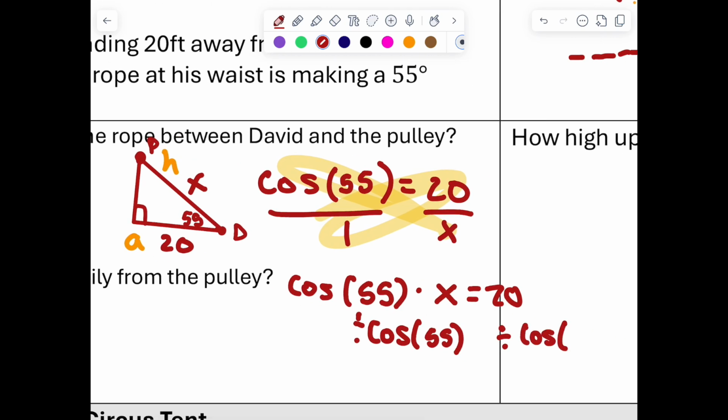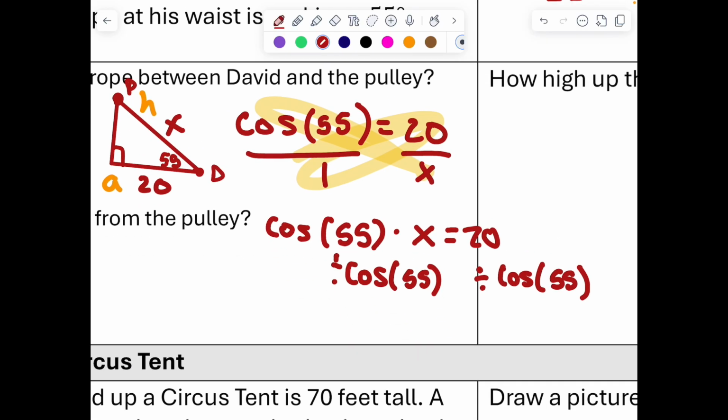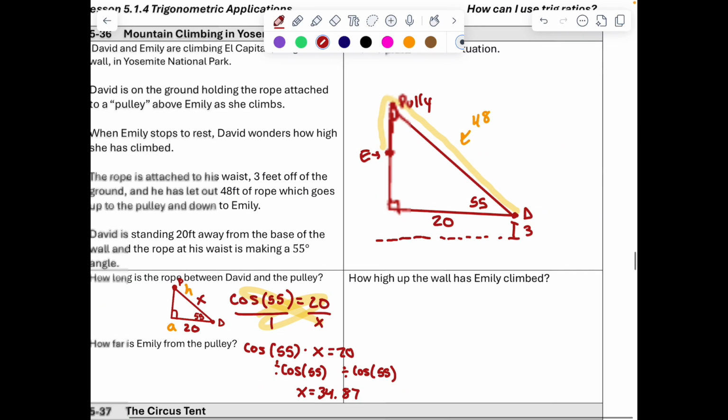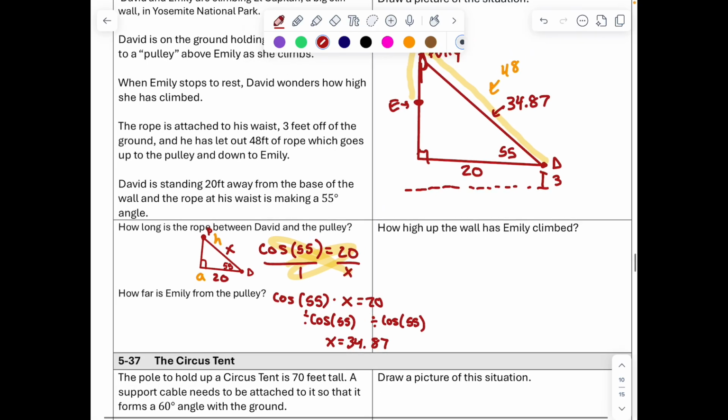And we're going to end up getting 34.87. So the length of that side of the triangle is 34.87, right there.